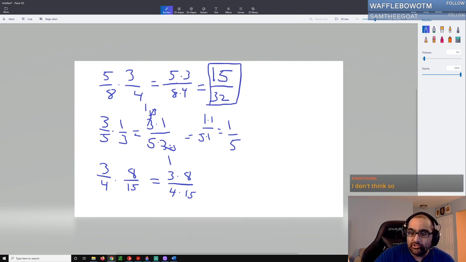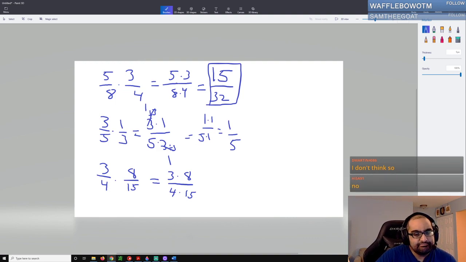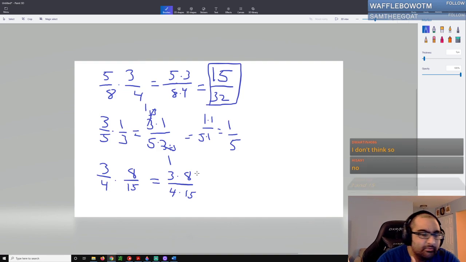Anything that we can pare down here? Are there any numbers that are in common? What can we divide out on the numerator and denominator?